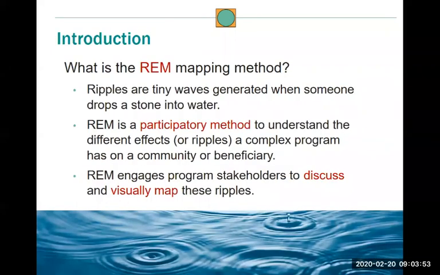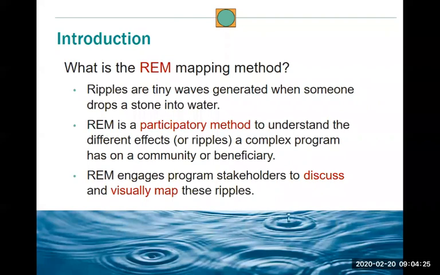Thank you, Jessica. So we'll start with talking a little bit about what is the REM mapping method. Ripple effect mapping is a participatory group method that is used to evaluate the impact of complex programs or collaboratives. So the method engages both program and community stakeholders, and it retrospectively and visually maps the effects that result from a program or a complex collaboration.